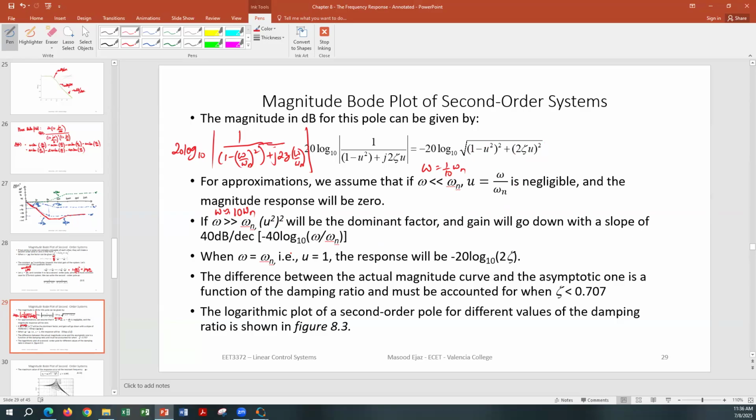And the gain will go down with a slope of negative 40 decibel per decade, or negative 40 log 10 of omega over omega n.